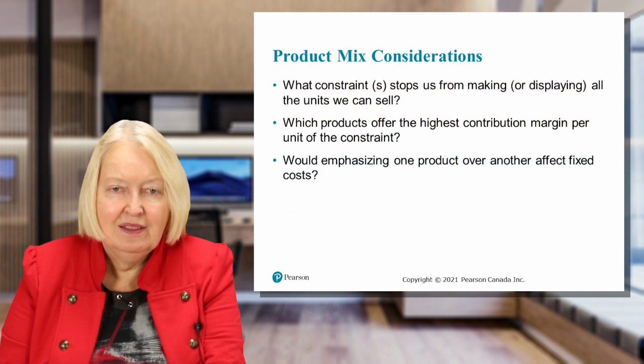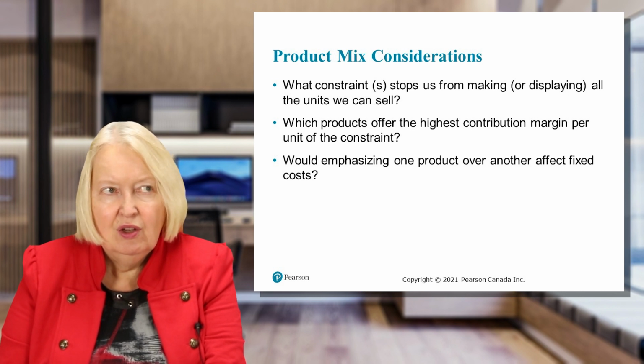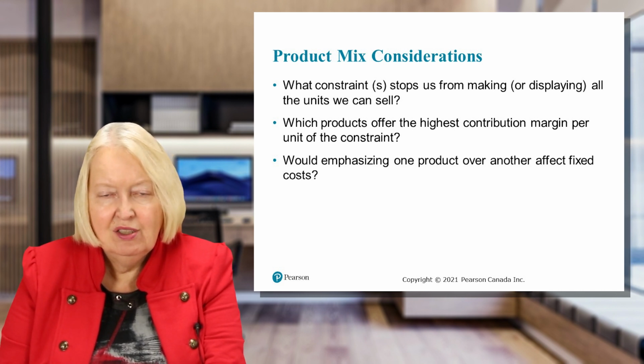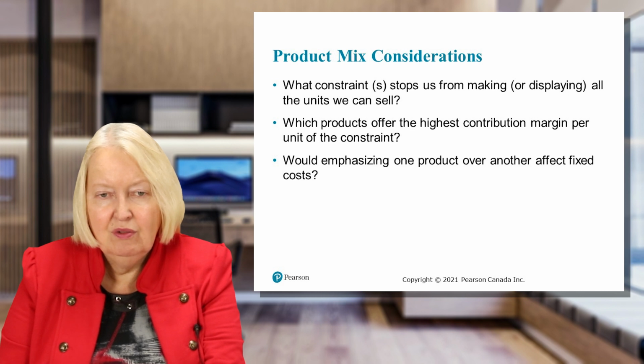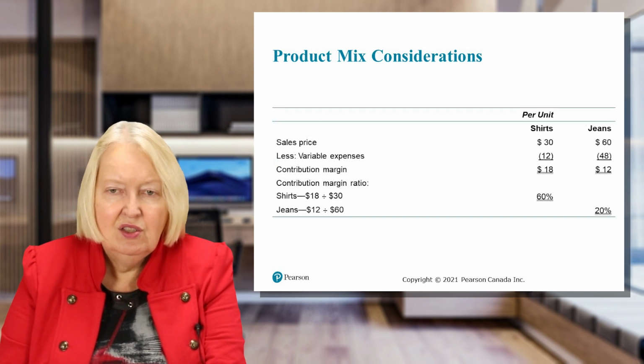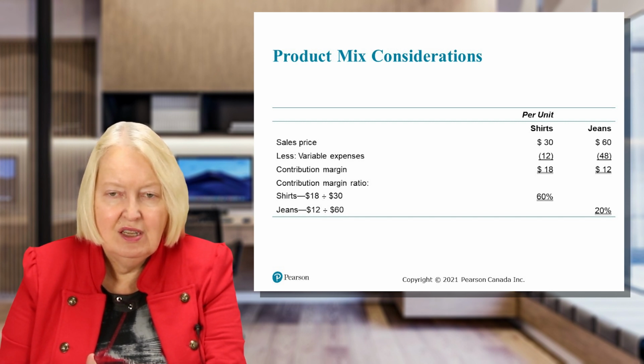Now, product mix. You have to look at what is the best combination of products to sell, like how many units of the different products you should sell. And this is really based on the contribution margin per unit of constrained resource. So you have a company that makes shirts and jeans.